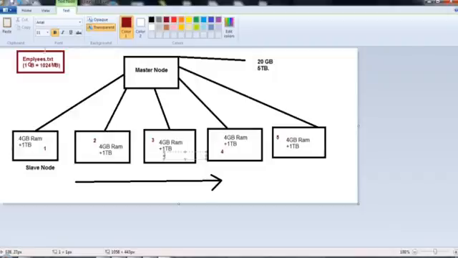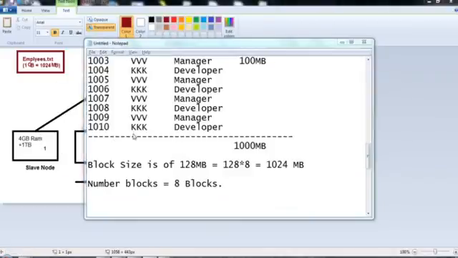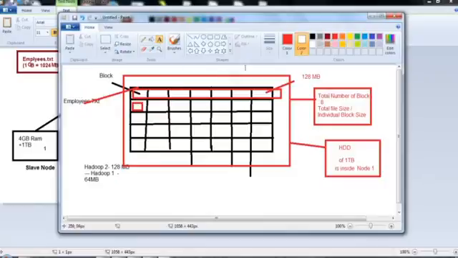Suppose you have a file of 1 GB, it can reside on any one of the nodes, but it will be stored in this form only, because our hard disk has this block concept, in tabular format, and each field is called a block, which has some size.